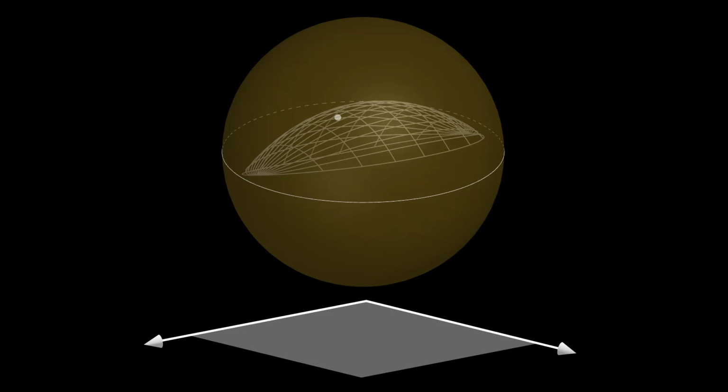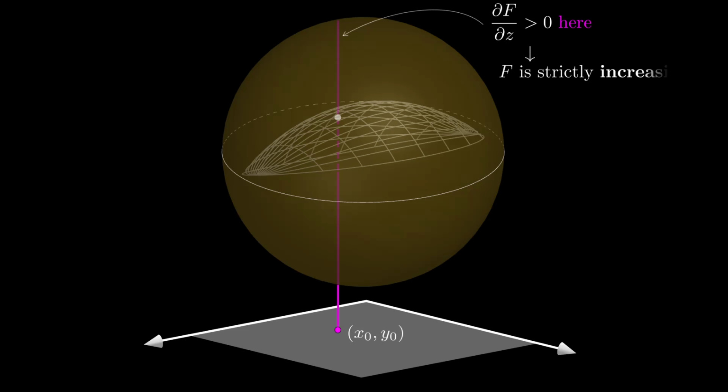So I'm going to draw the xy plane right here, and let's say that we have here our point x0 and y0. So this point will cross our initial point, x0, y0 and z0. In this line I want you to notice that inside this pink line, the partial derivative of f with respect to z, this del f del z, will also be positive. Why? Because this pink line is inside the yellow sphere. Remember what this means.